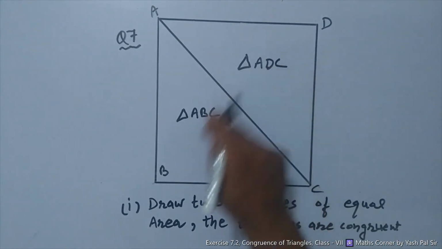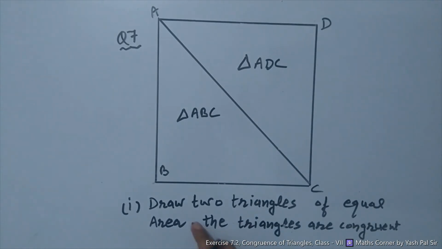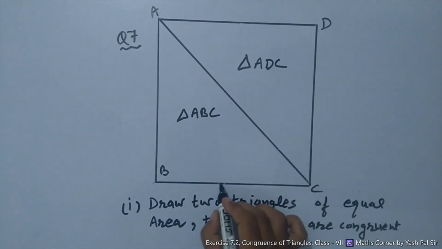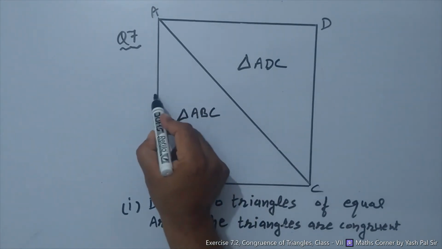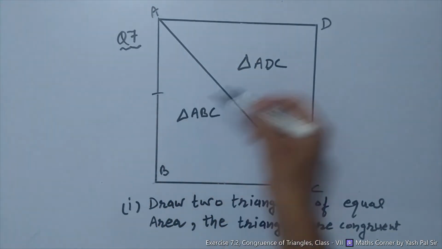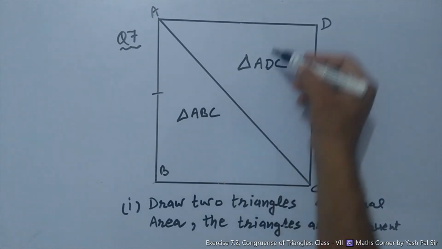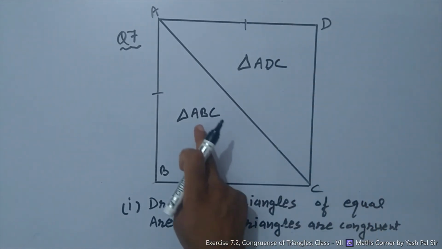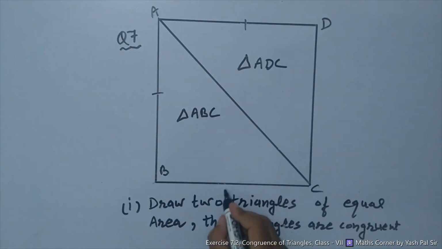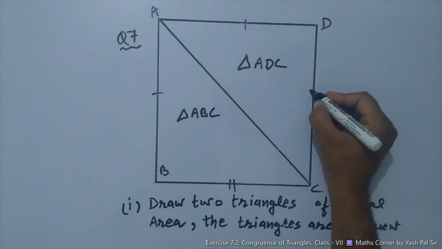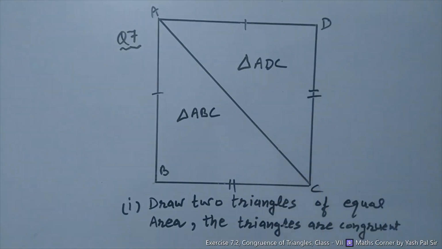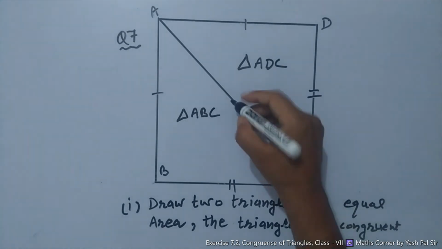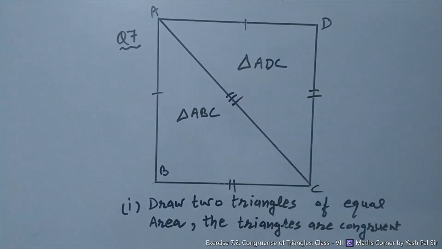These two triangles are equal in area, and they are also congruent because side AB equal to AD, side BC equal to DC, and this is the common side, right?